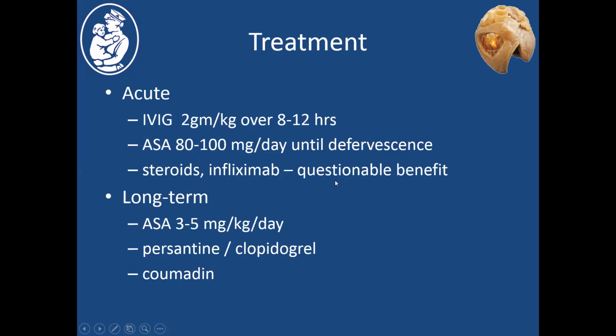I think the current recommendations are that these might be useful in patients who have a recurrence or who don't respond initially to the standard treatment with IVIG and aspirin. But I don't think this is part of the standard regimen for most otherwise uncomplicated Kawasaki disease.